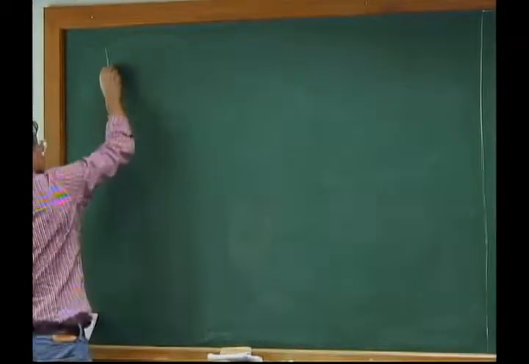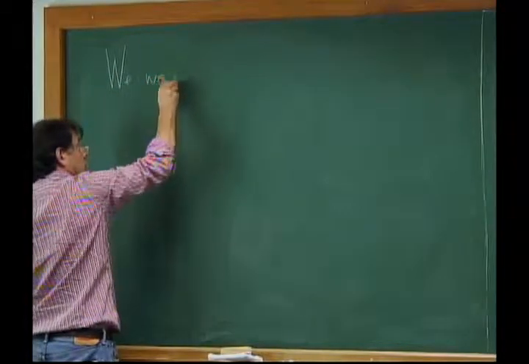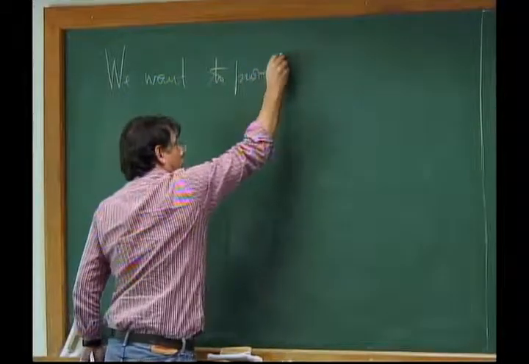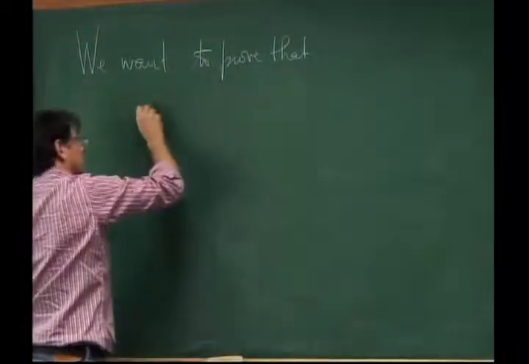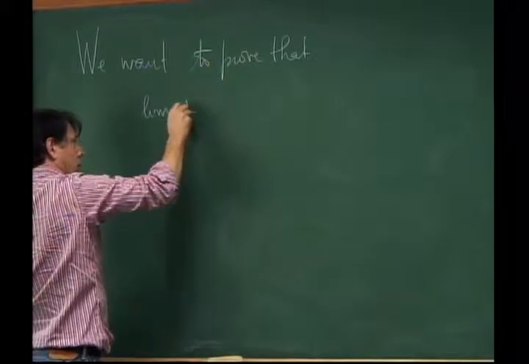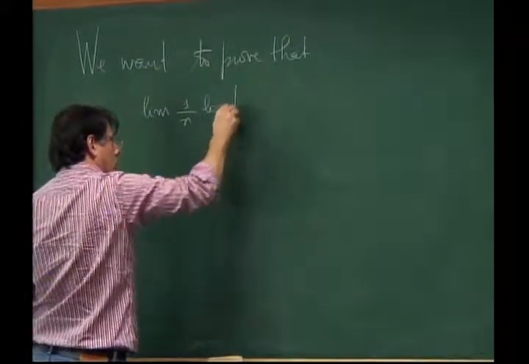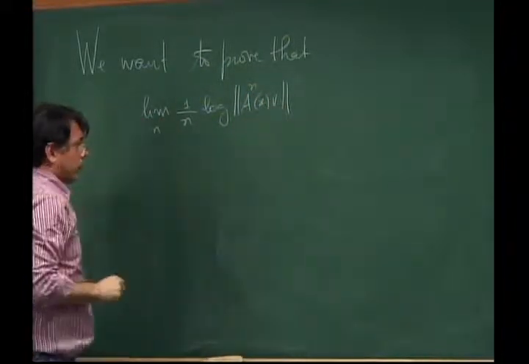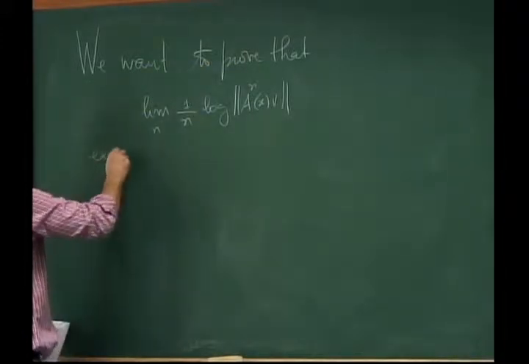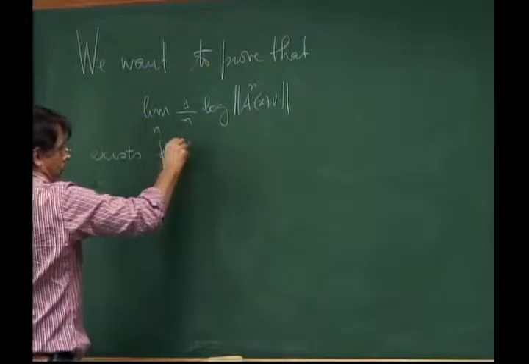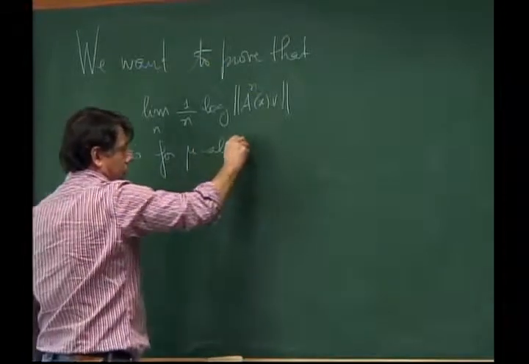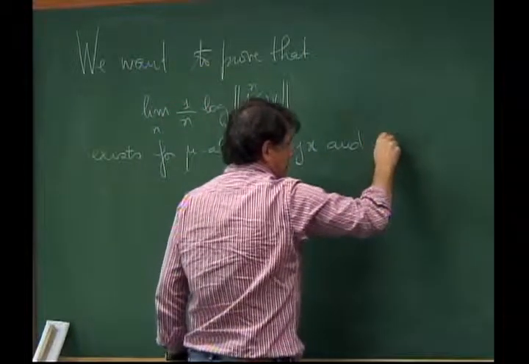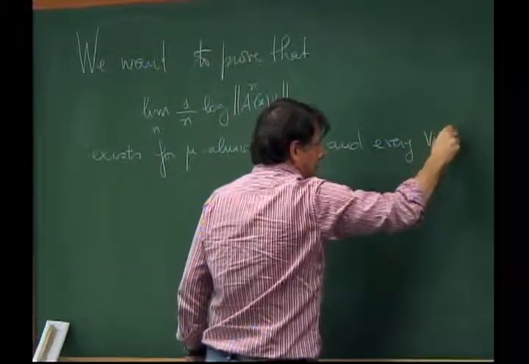So what we want is to prove that the limit of 1 over n log of the norm of A^n(x) v exists for mu almost every x and every v.